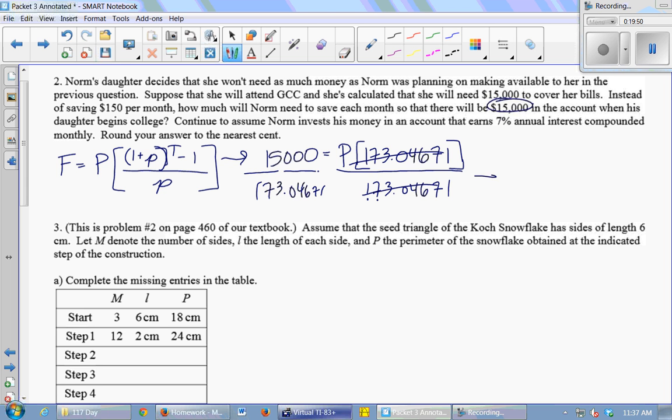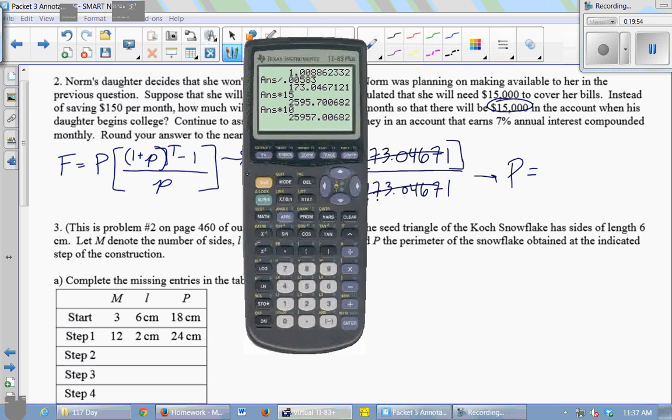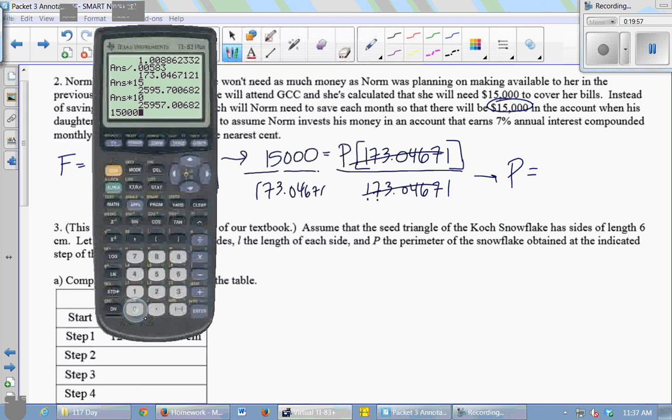Those cancel, and we're going to get capital P is 86.68. Which again might be slightly off from the answers that I have.